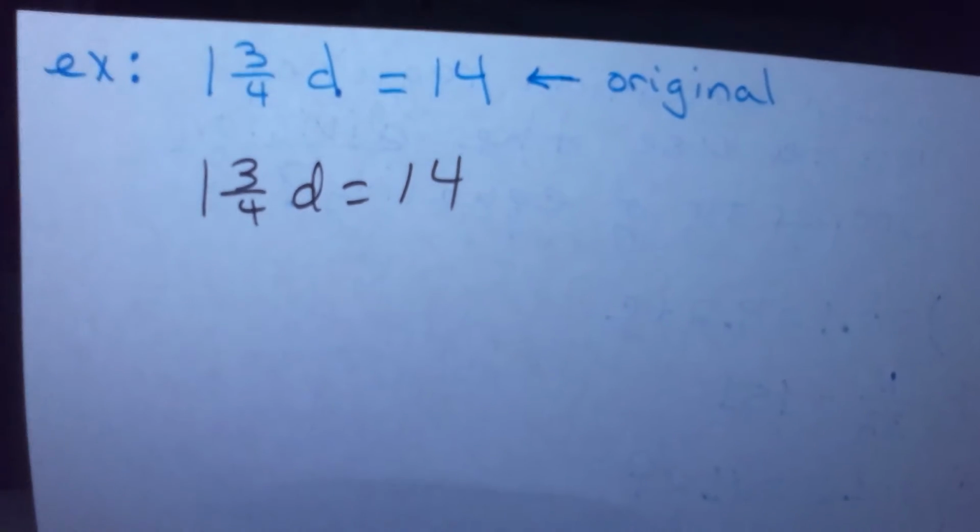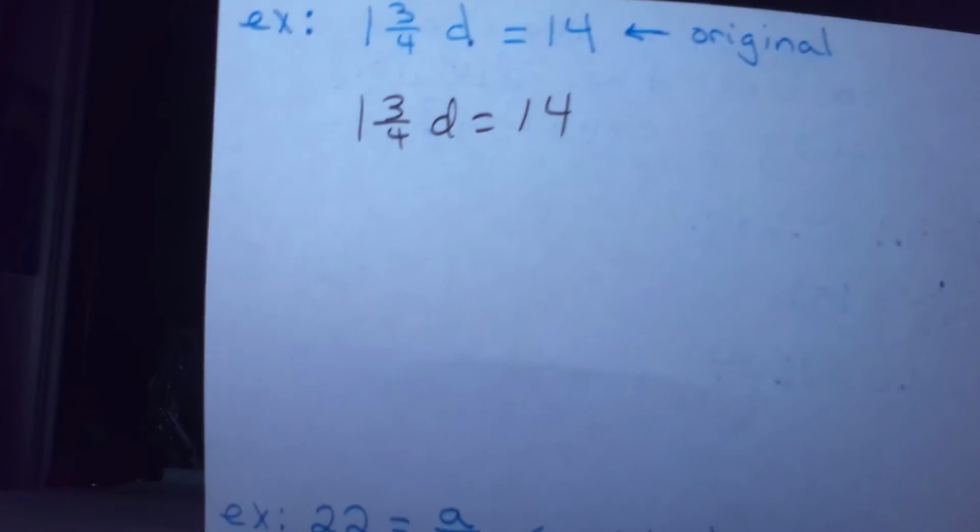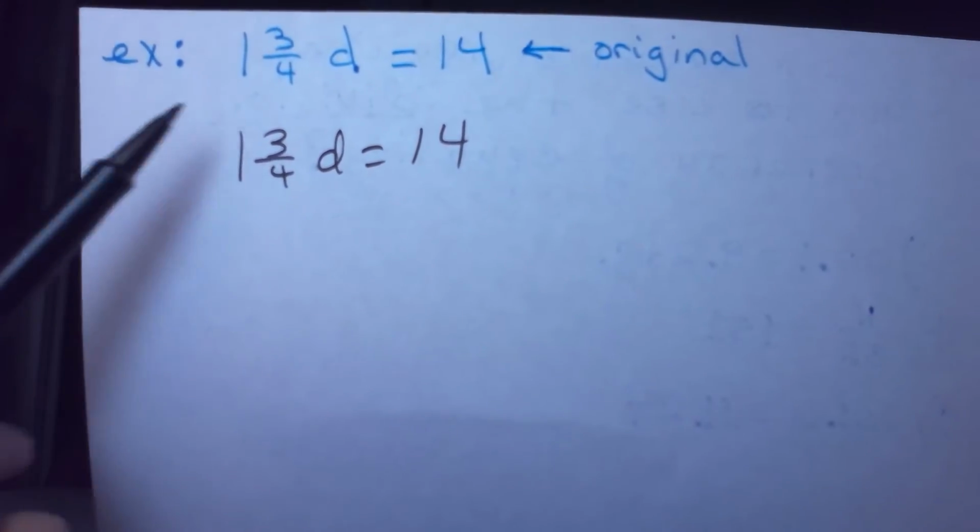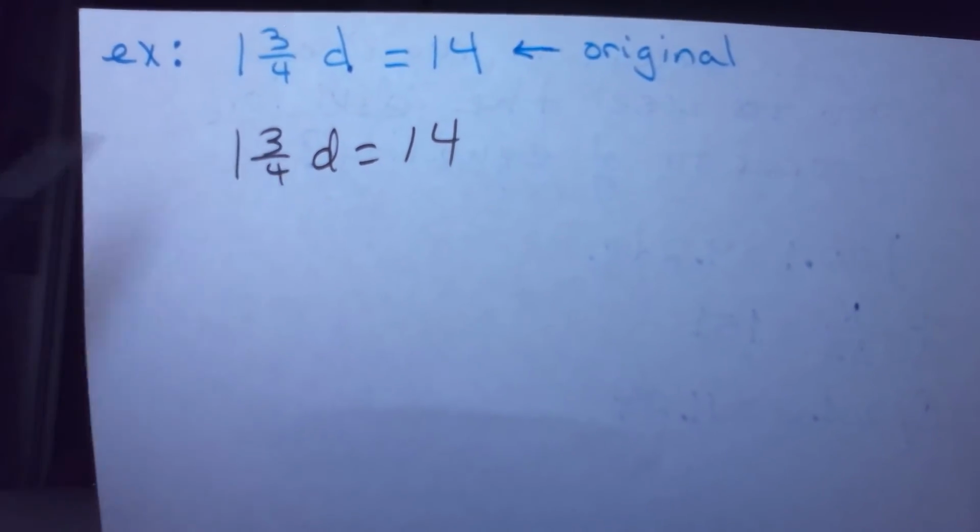Now, in this one, we've got to change this mixed number to an improper fraction. Just makes it a little easier to do the math, and we like easier math. So remember, let's use a different color. There we go.